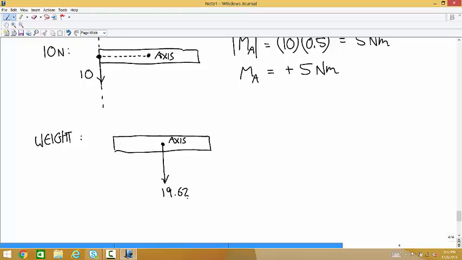It's not ever going to turn it. It doesn't cause any kind of rotation at all. You can think of that distance d as being equal to 0. And so the absolute value of the moment produced by the weight is equal to 19.62 times 0, which is 0. So MA is 0.